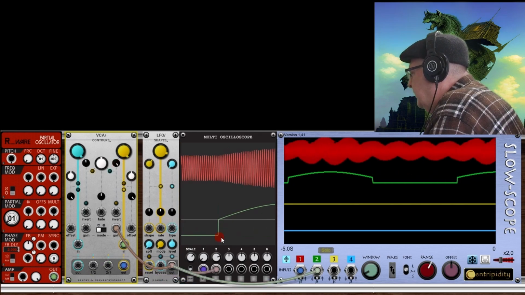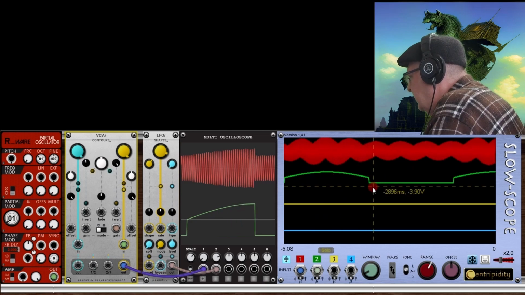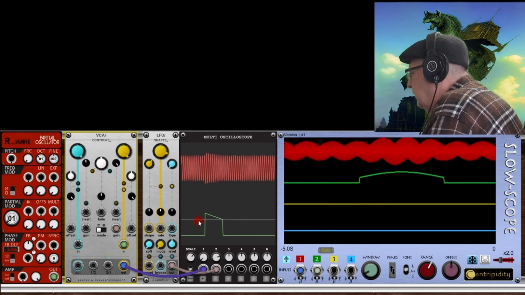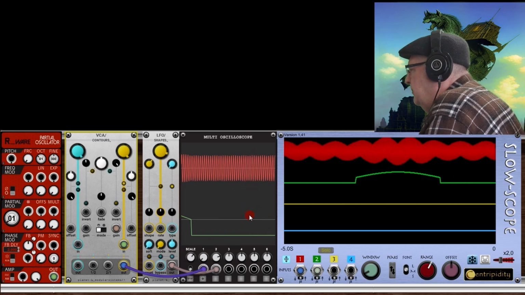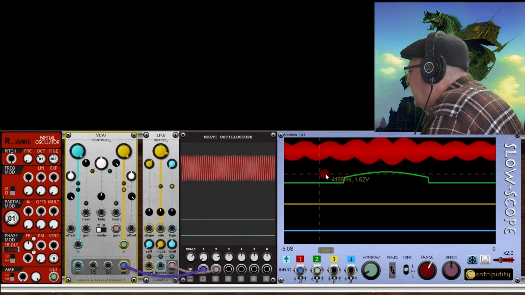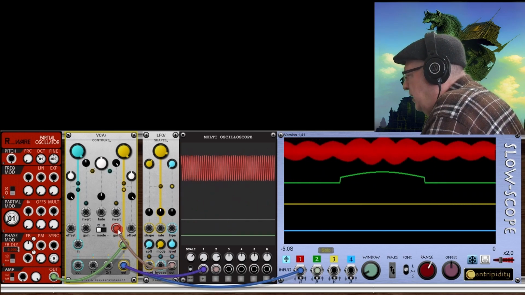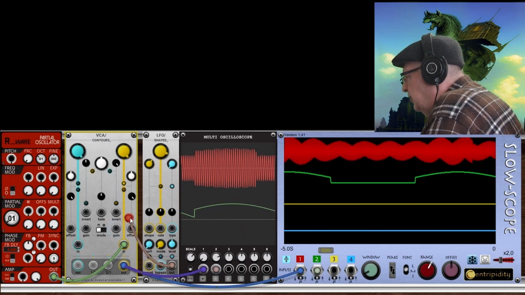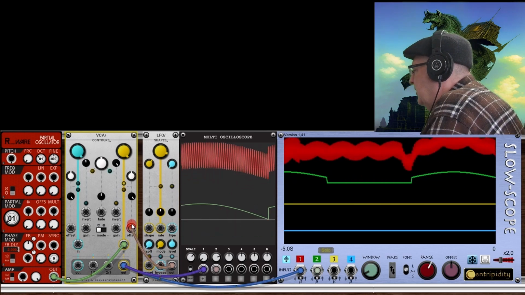And you see, always when the LFO goes high here or in the multi-oscilloscope, the green curve, then the gain goes up and the peak-to-peak volume gets higher. And now I change from gain modulation to offset modulation, and you see the difference.